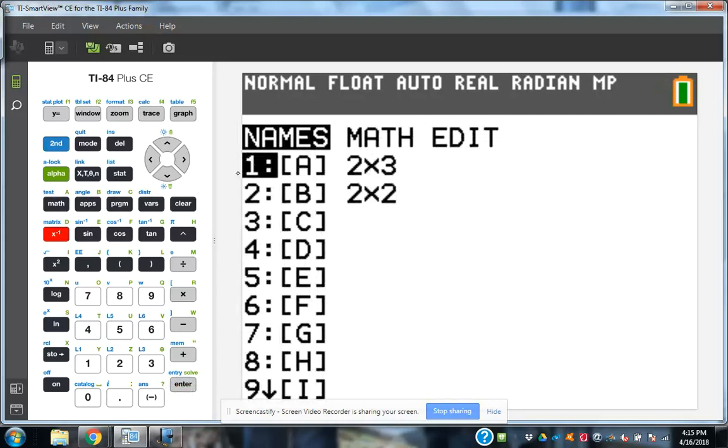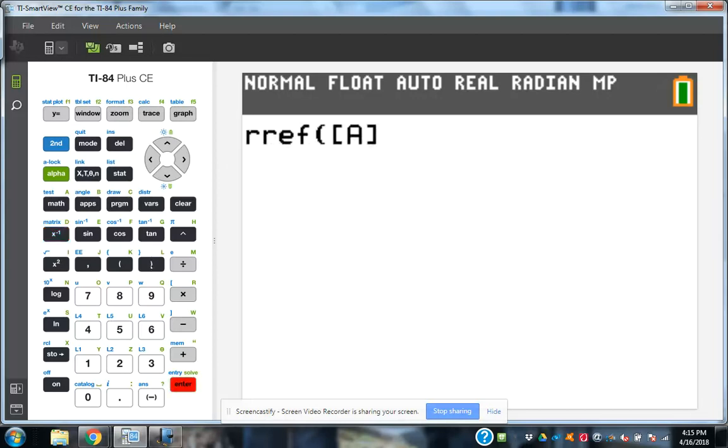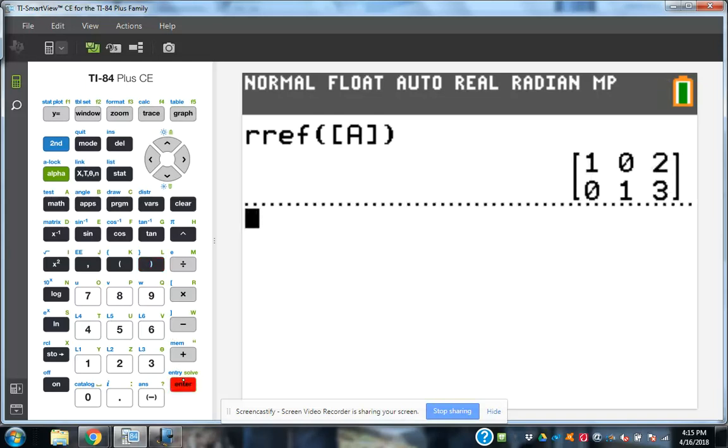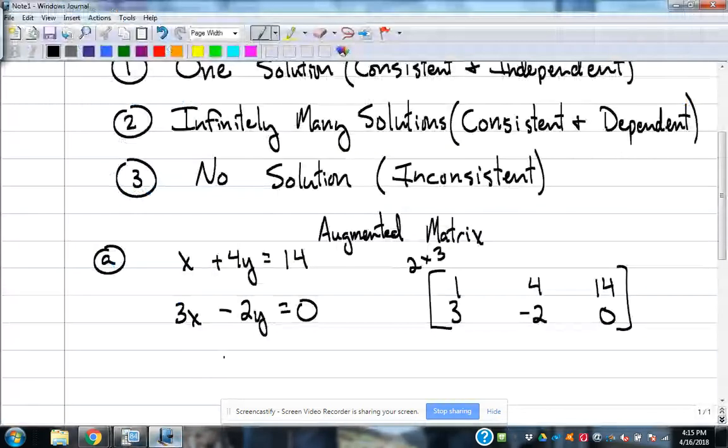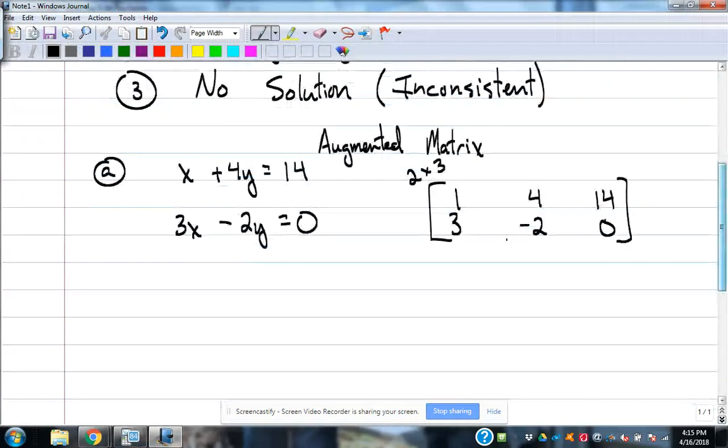And then I put that matrix into matrix A. So under the names menu, I'm going to select matrix A. You don't have to close the parentheses, but something in me says I do, so I do. And that creates this matrix. 1, 0, 2, 0, 1, 3.